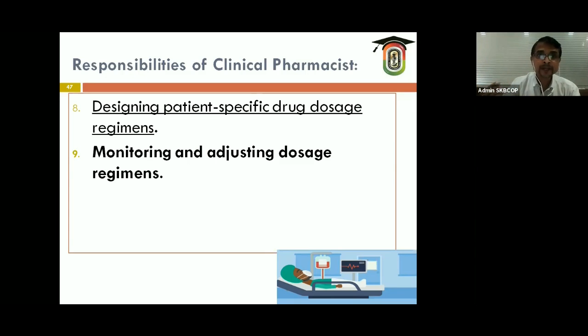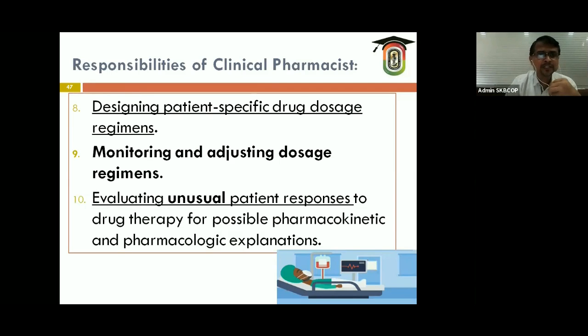That would be the first thing. Second, another responsibility would be monitoring the dosage regime that has been designed. जो फार्मासिस्ट ने डोसेज रेजिम बनाया वो डोसेज रेजिम को मॉनिटर करना, and if he finds that there should be some adjustment in the dosage regime, that could be done, because that would be helpful for the same patient and that would be also helpful for the other patients that would be coming after this for a particular disease.